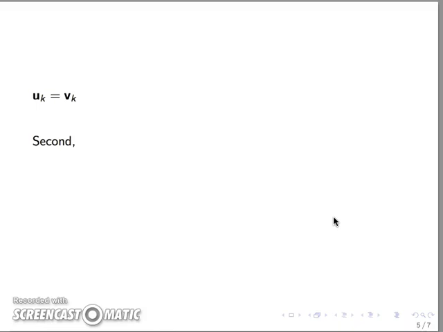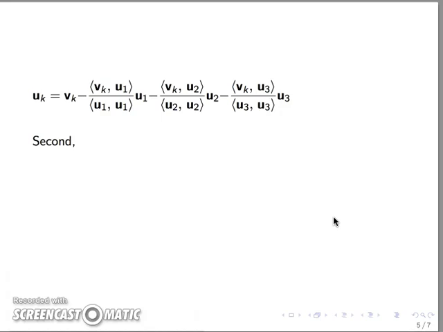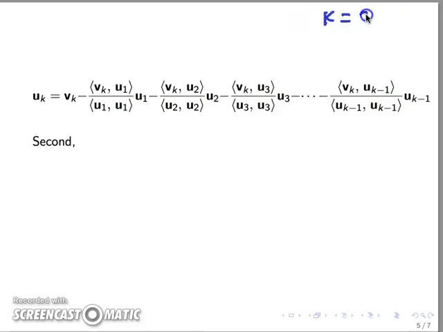Now, when k equals 2, we take a look at this expression. This is the formula given by the procedure, right? And so when k equals 2, then k minus 1 is 1. So this tells us that we should stop. The last term in the expression would be u sub 1.